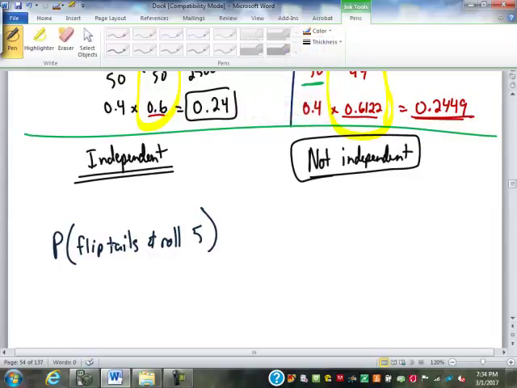What is the probability of flipping tails? 1/2, right? What's the probability of rolling 5? 1/6. So that's 1/12 or 0.0833 probability.